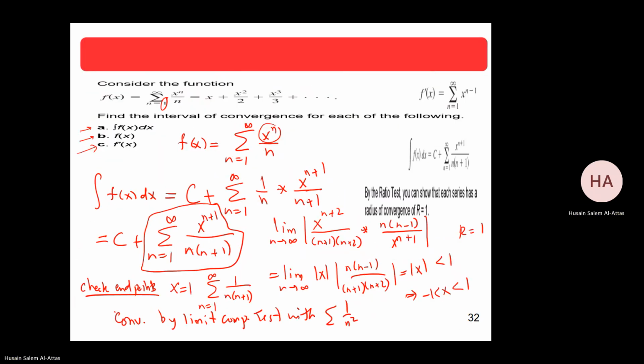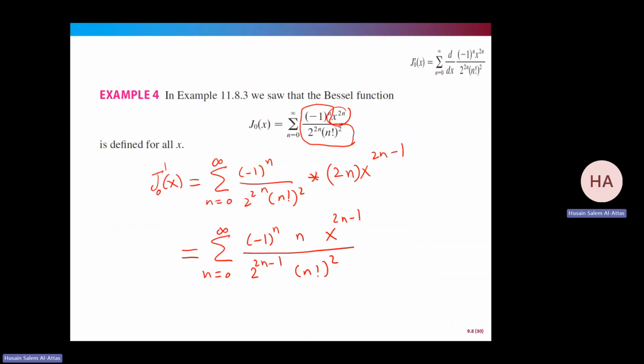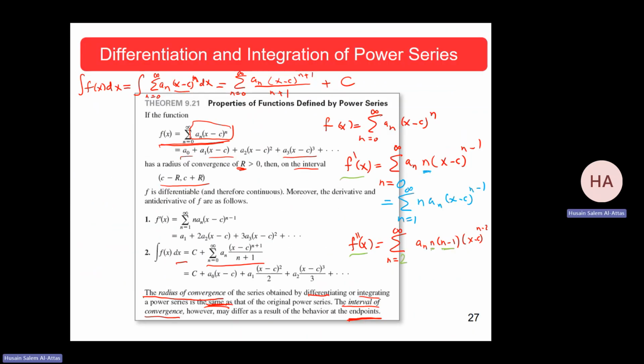Okay, so this question I think is a good one, where I have the function, the integral, and f prime. Also this one has the function f prime, f double prime, and the integral. As I said, for the derivative, R will be the same. Differentiate or integrate, the radius will not be changed. This is the rule. What will happen?